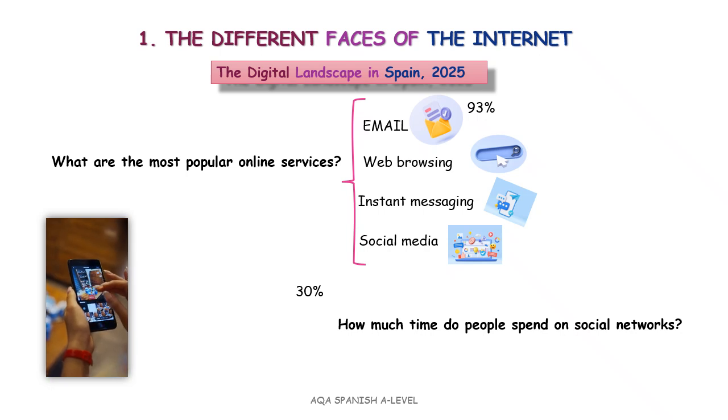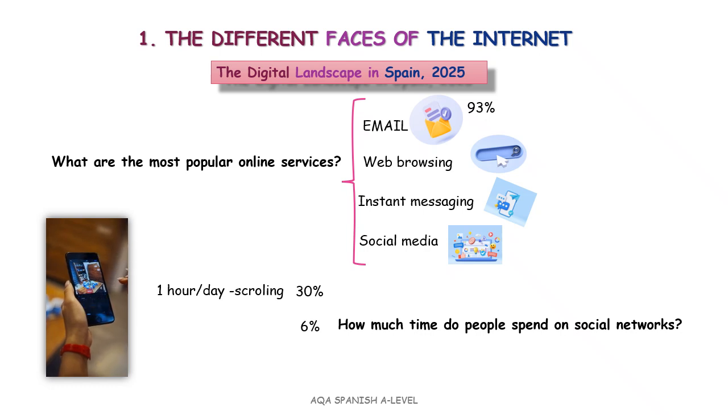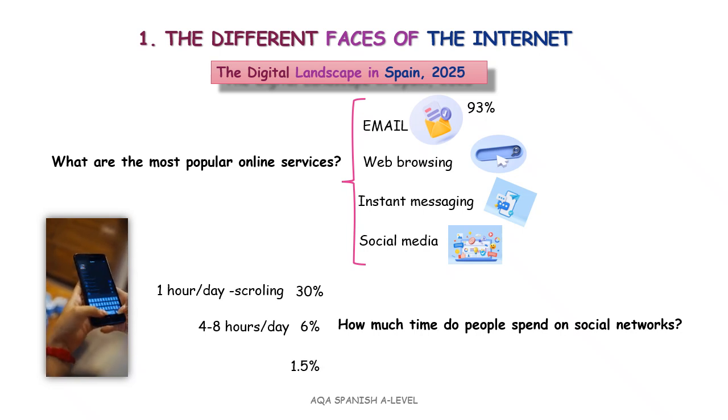Around 30% spend over an hour a day scrolling. Almost 6% are on for between 4 and 8 hours, and 1.5% spend more than 8 hours a day on social platforms. Their favorites? Let's have a look.